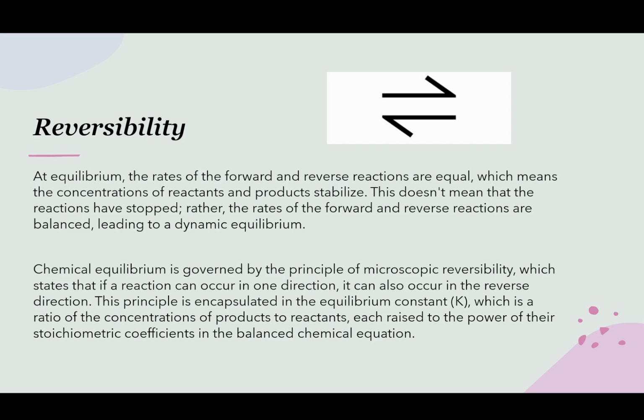So if we have something like ammonia, it can decompose back to hydrogen and nitrogen, and the hydrogen and nitrogen can combine to form ammonia within the same situation. So the concept of reversibility is important for chemical equilibrium.